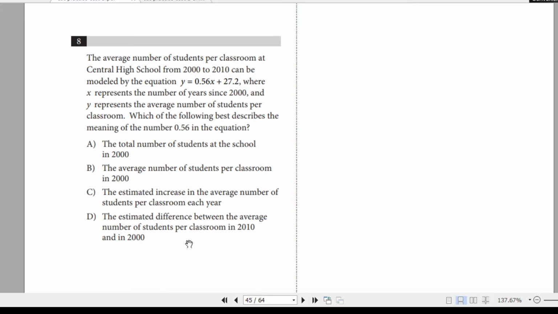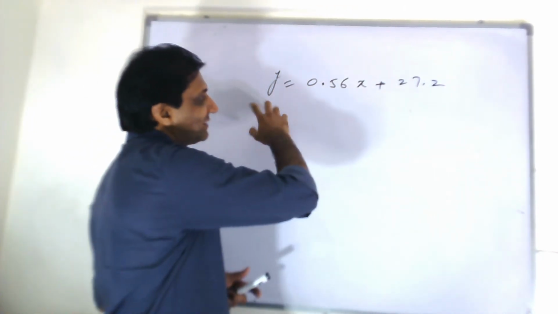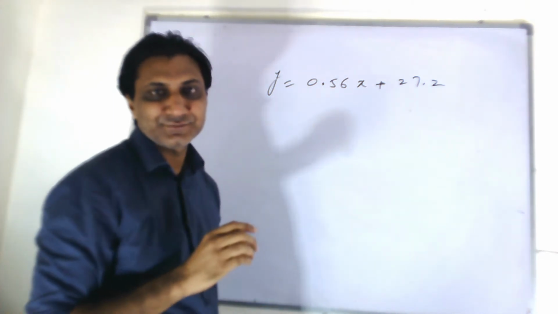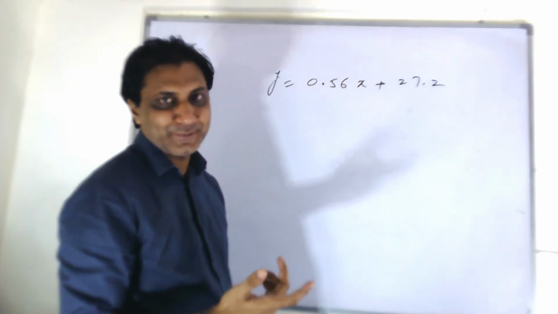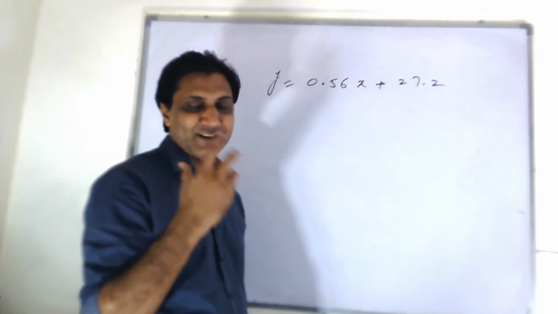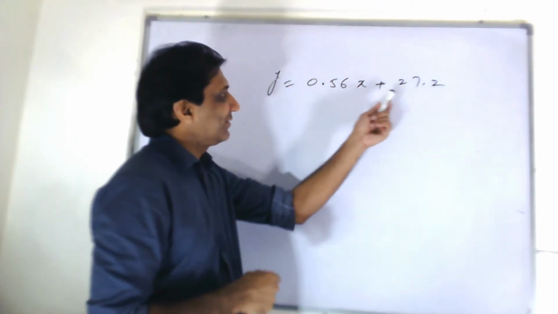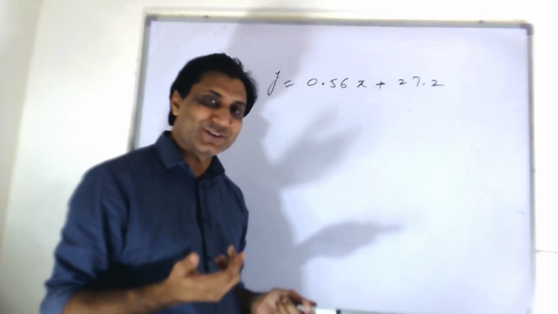Okay, so you don't need to solve it, but if you want me to show you here again, this y is the total number of students after x years. So in 2000 the x was 0. When you graph it, the first year is taken as 0, the beginning. So when it is 0, 27.2 means the number of students in the first year in 2000.